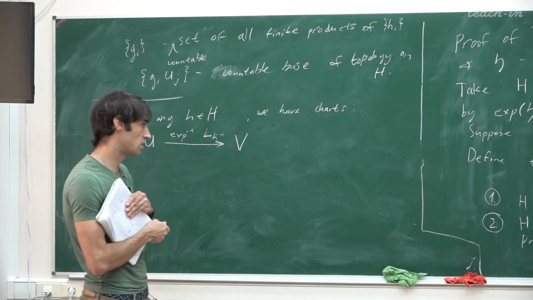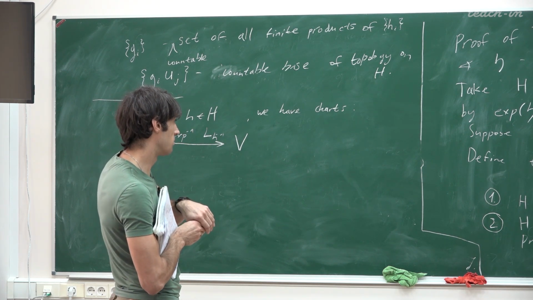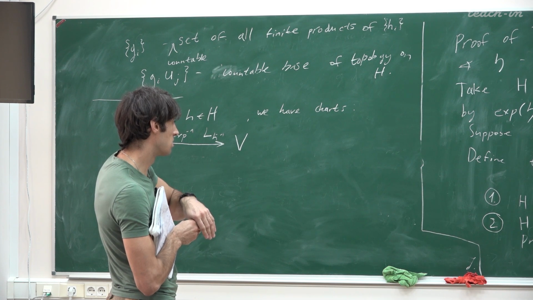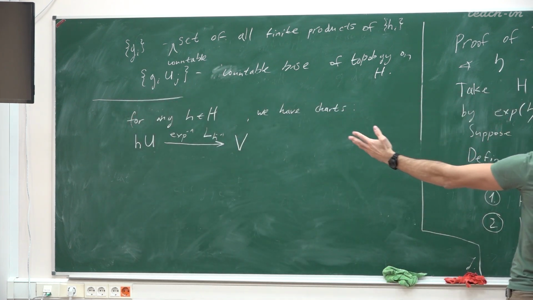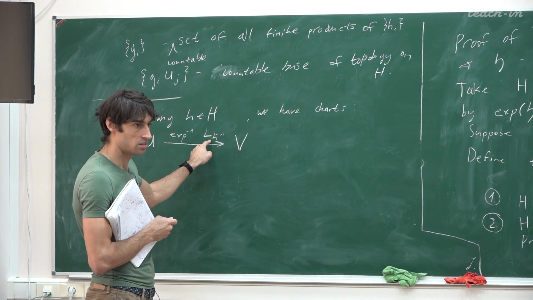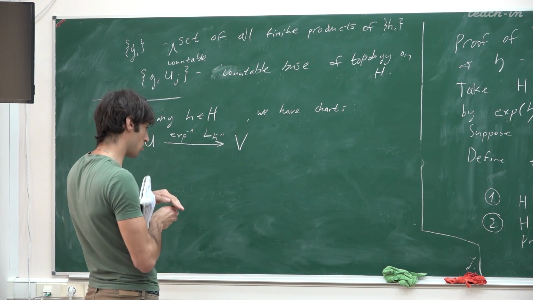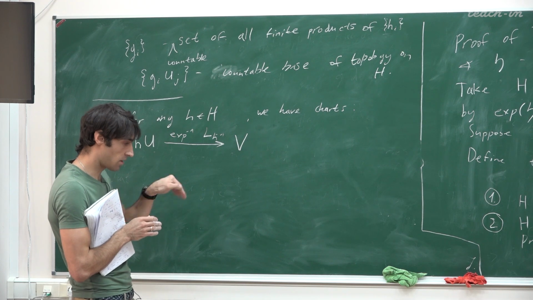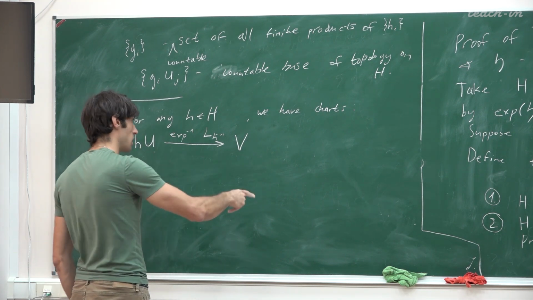So these charts are actually smooth, because this is smooth in the topology of G, but locally your H is a submanifold of G, so therefore this gives you a smooth atlas.